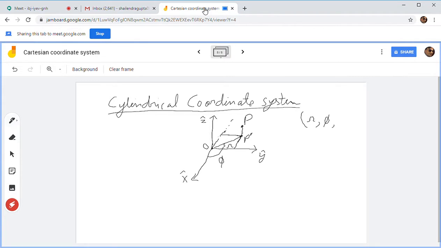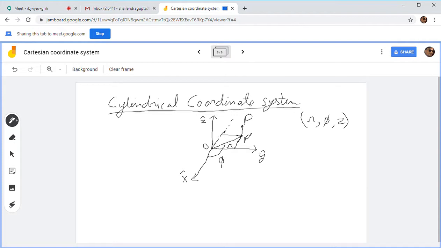And the third quantity which is defined is z. It is similar to xyz. So this is your z direction. So from P dash you can directly go to P on the z axis. Okay, so this is what a cylindrical coordinate system is. You define this as R, phi, and z.